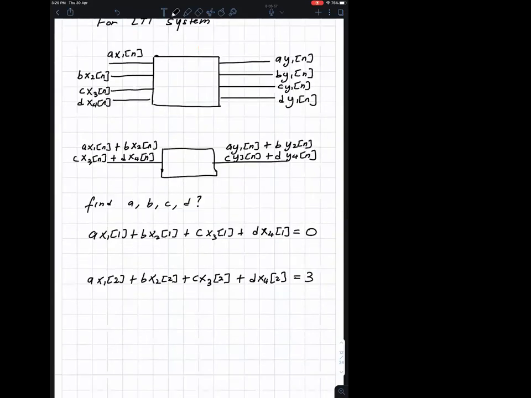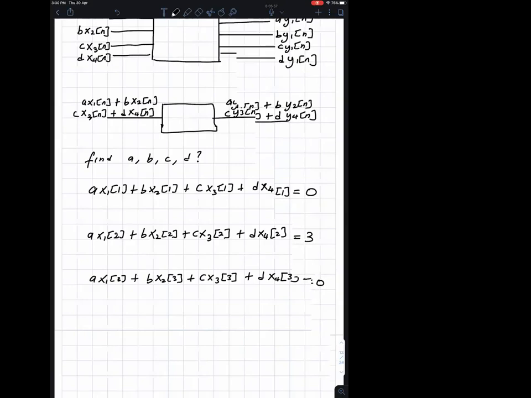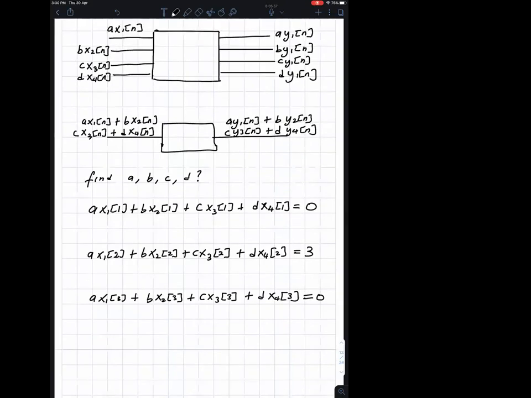Then you go on and write the next equation: A x1[3] plus B x2[3] plus C x3[3] plus D x4[3]. At the output, there's no signal at 3, so I put a 0.